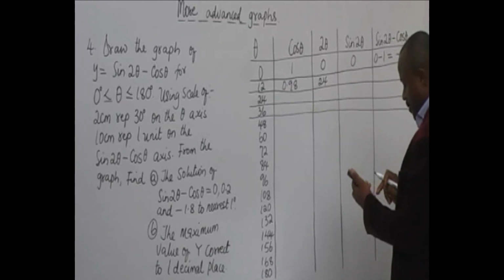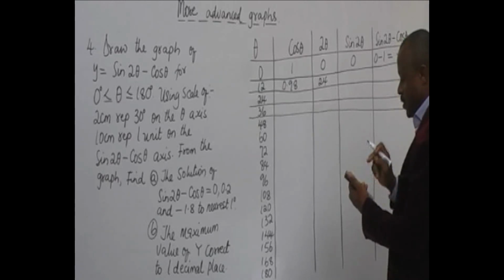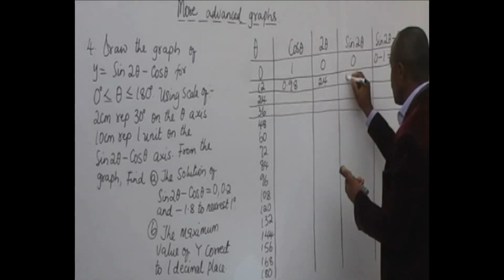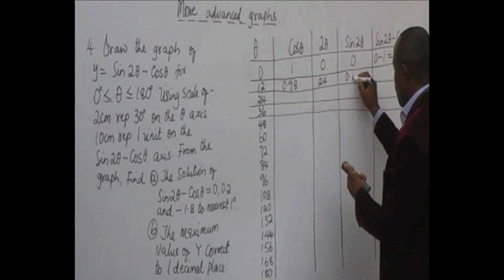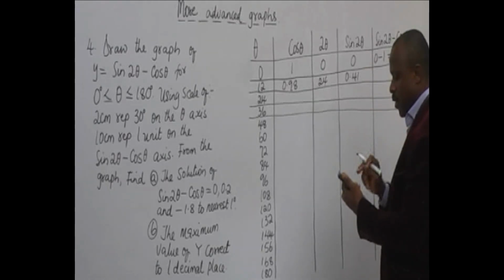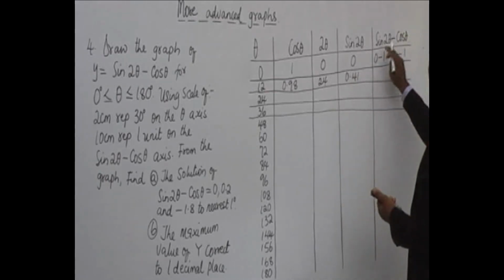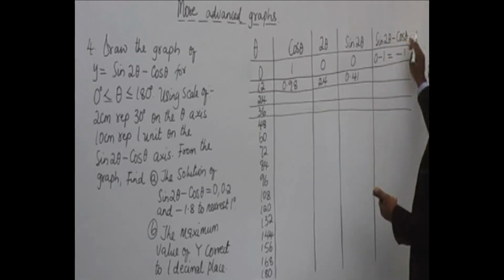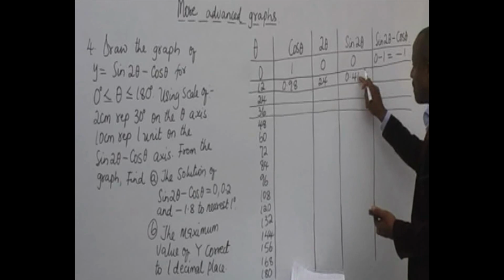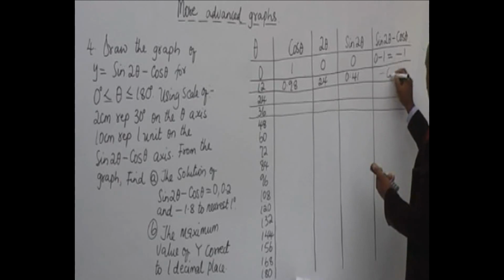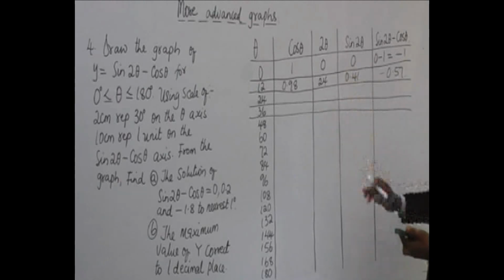Sine 24 is giving us 0.406. But in 2 decimal places, we come down to 0.41. Now we have sine 2 theta minus cos theta. That means 0.41 minus 0.98. The value is minus 0.57. We have concluded the second.